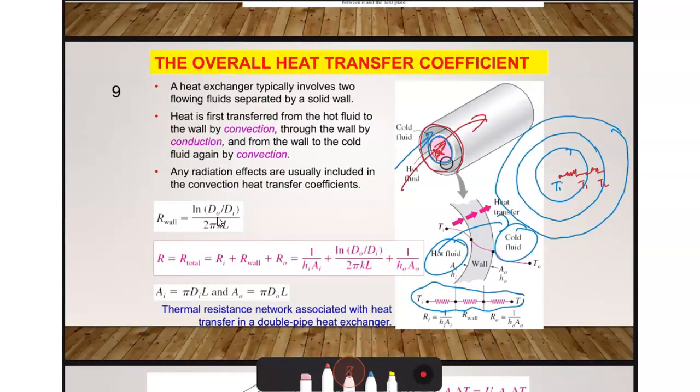And last but not least, this one you put T naught. So it does not yet reach the outer wall, but only reaches the middle temperature of the cold fluid. So you have over here Ti and T naught.